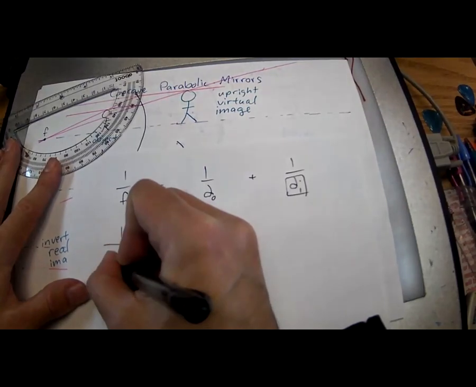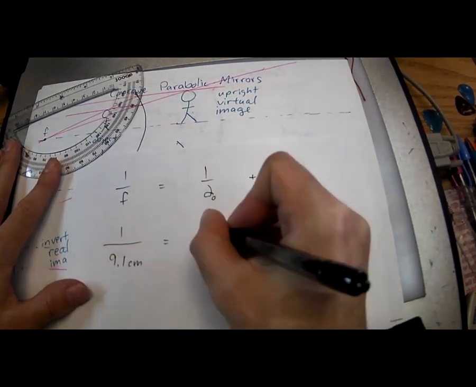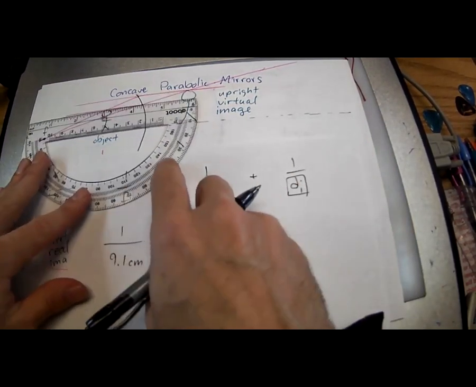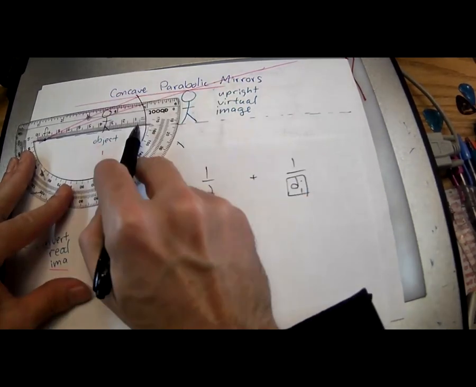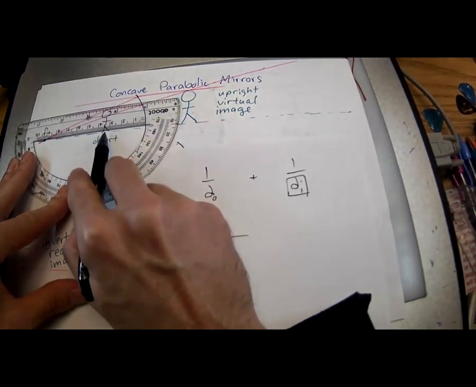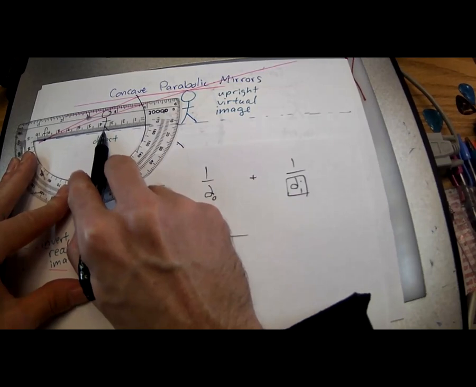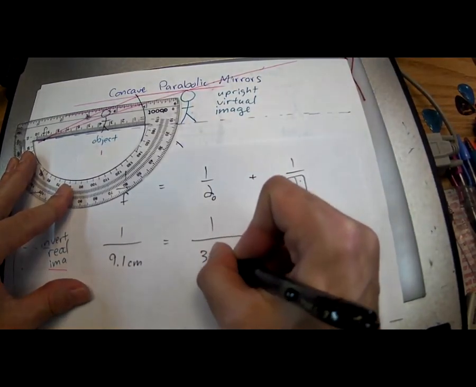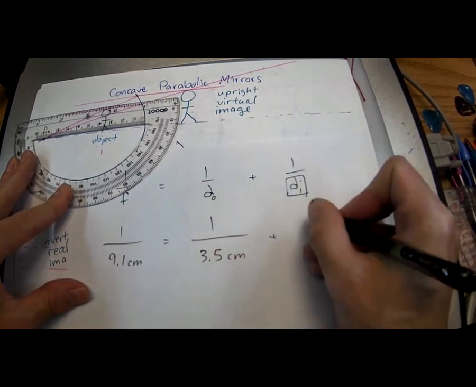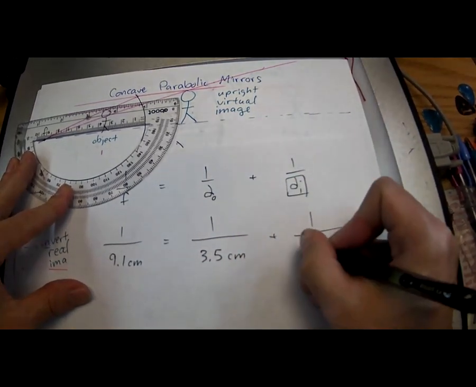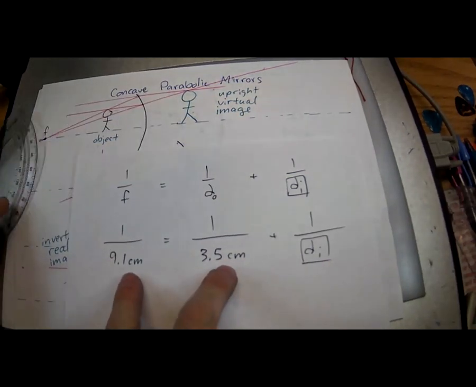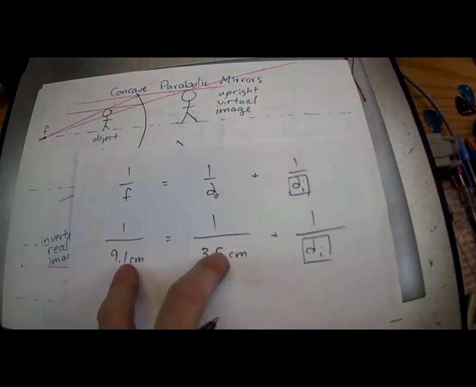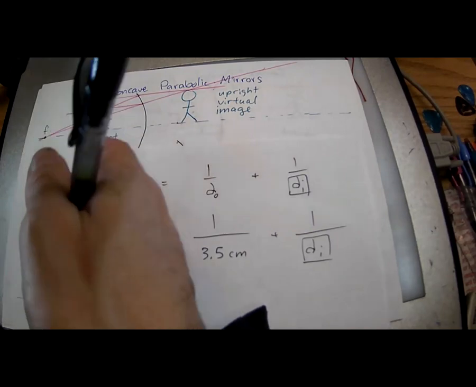1 over 9.1 centimeters equals 1 over, now object, I'm going to go 3.5, yeah, let's call it 3.5 centimeters plus 1 over distance image. Notice I have all positive numbers so far, because they're both on the same side, the side of the object.